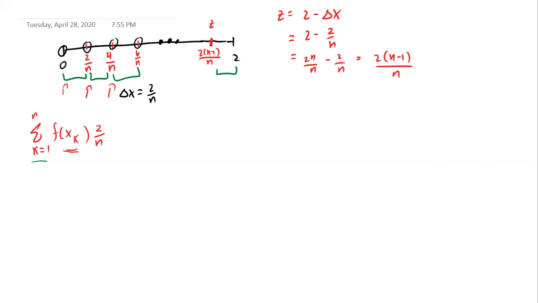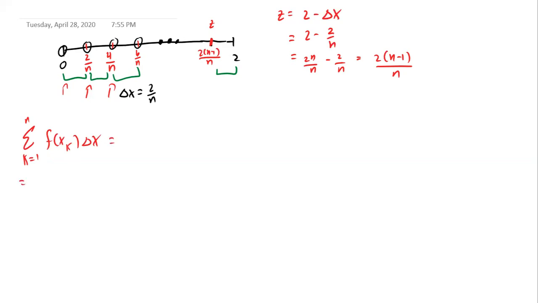Okay, now, what are we trying to do? We're trying to rewrite the sum from k equals 1 to n of f of x sub k times change in x so that it fits this particular example. Well, change in x, we already know what it is.